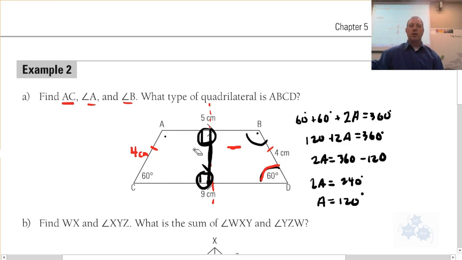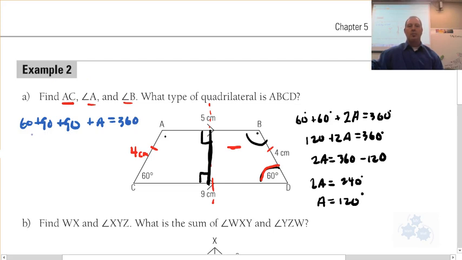If we split this up into 2 identical, smaller trapezoids like this, well, 60 plus 90 plus 90 plus A has to equal 360. And so what is that?